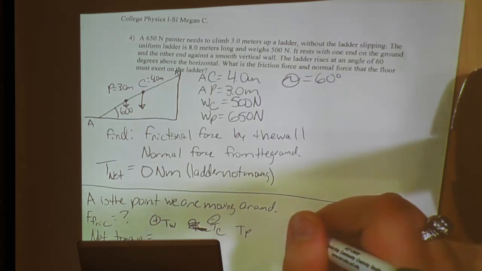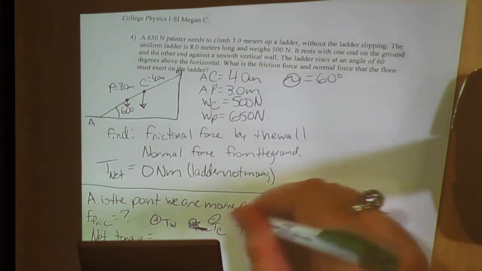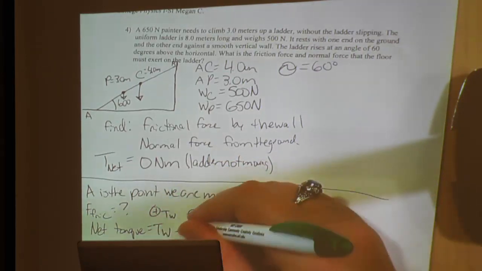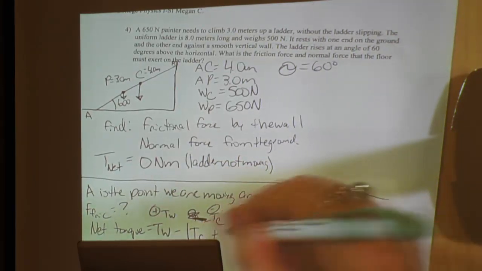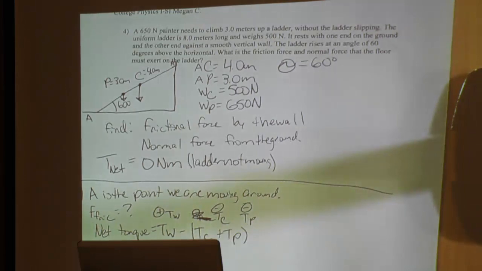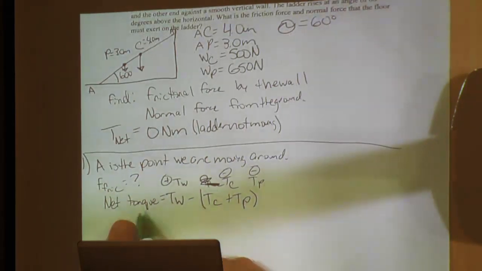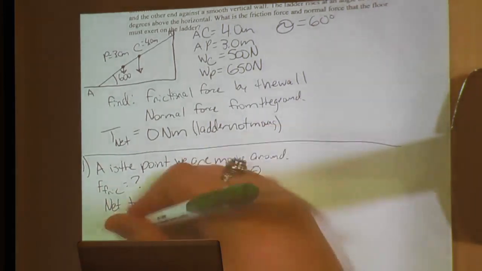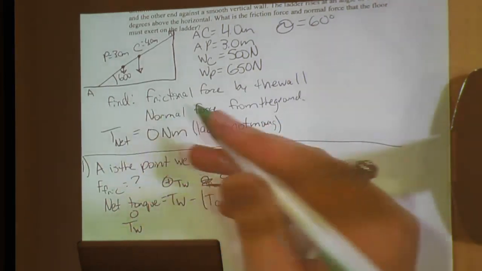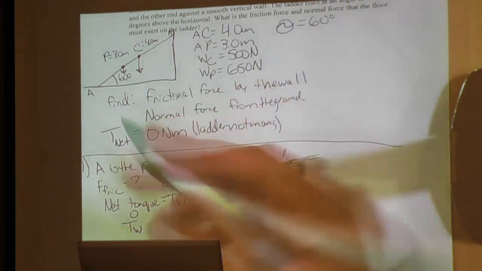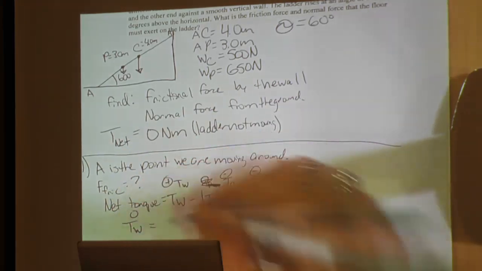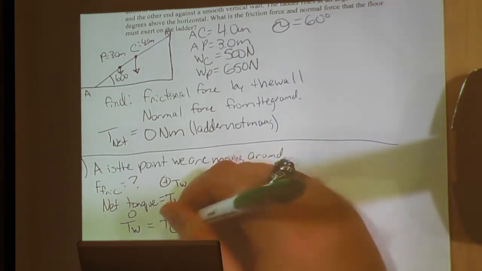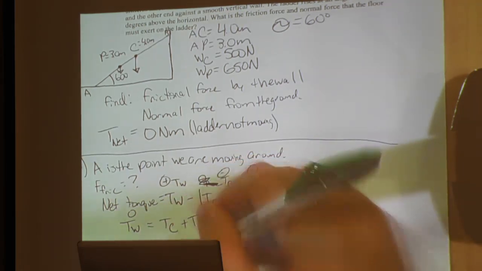And the painter? Also negative, awesome. So we can write this as TW minus TC minus TP. Our net torque is still 0, so we can rewrite this: the torque by the wall, or torque friction, is equal to the torque provided by the ladder added to the torque provided by the painter.